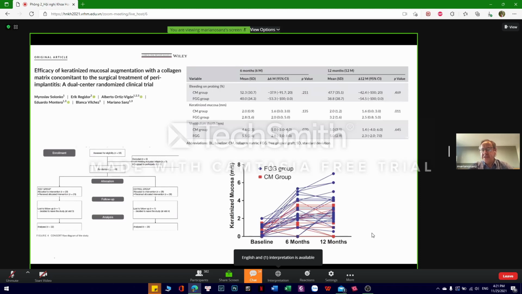And you can see here in this graph, when we plot the millimeters of keratinized tissue to the months, at the end of the year, you see in red, the collagen matrix patients, they are all nested around this area between 2 and 3 millimeters.